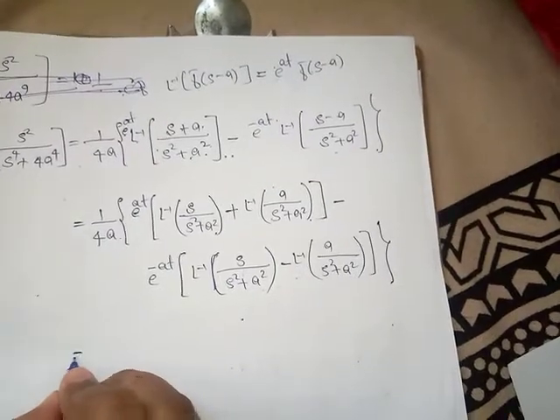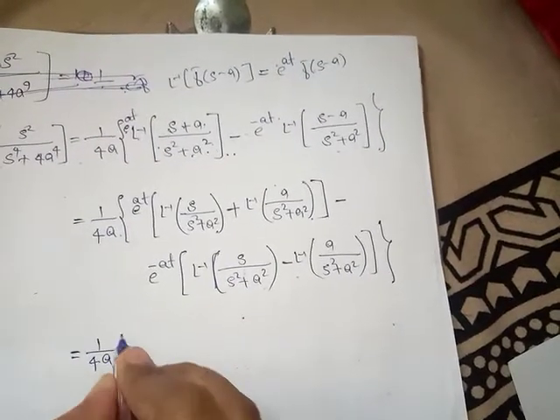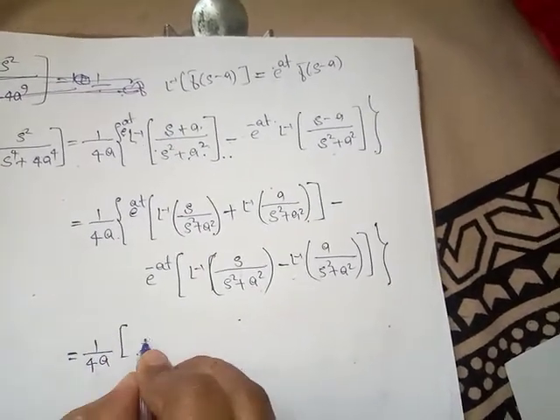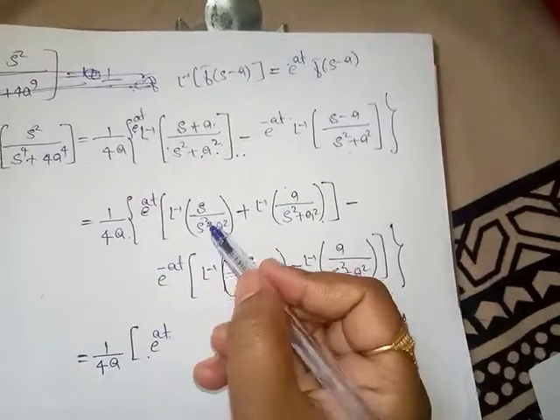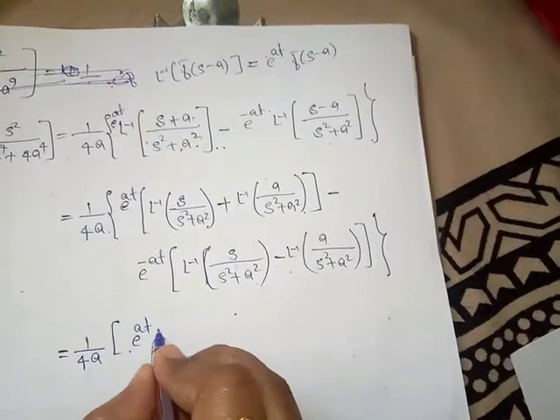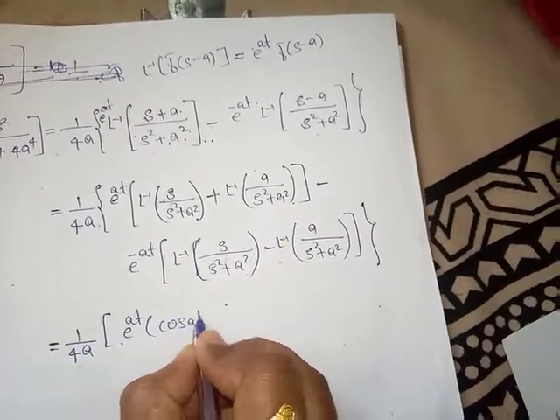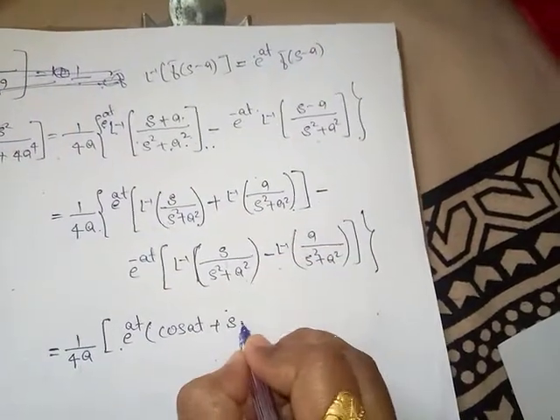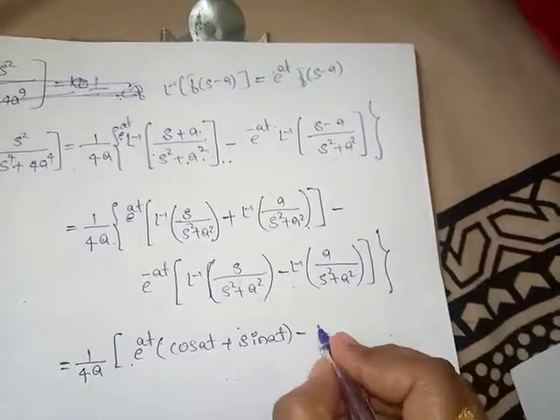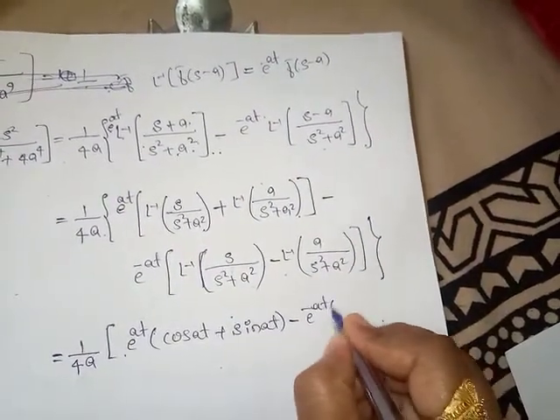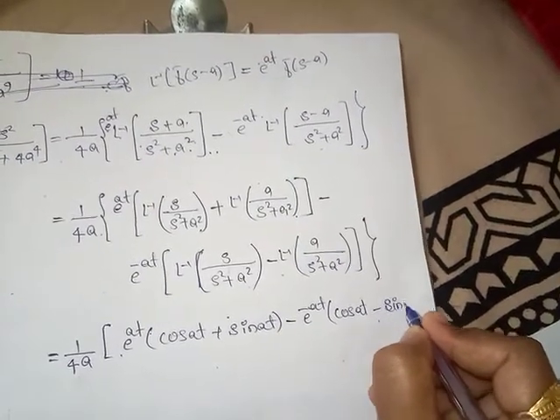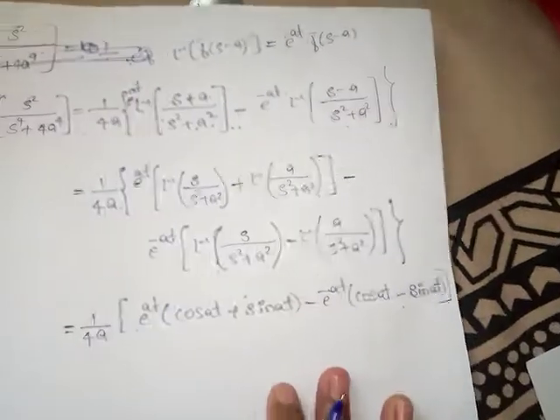Which is equal to 1 divided by 4a, e raised to at as it is. L inverse of s divided by s square plus a square is cos at, plus this is sin at, minus e raised to minus at as it is, cos at minus sin at.